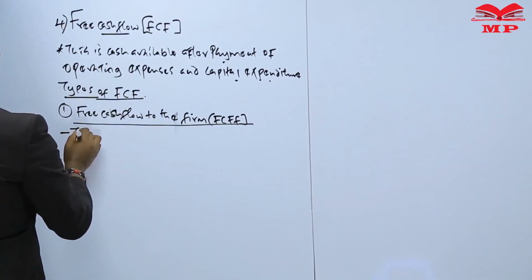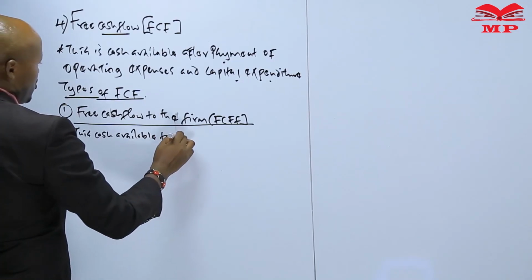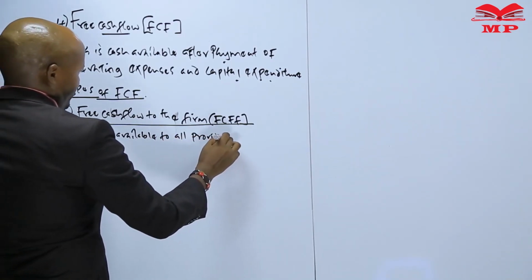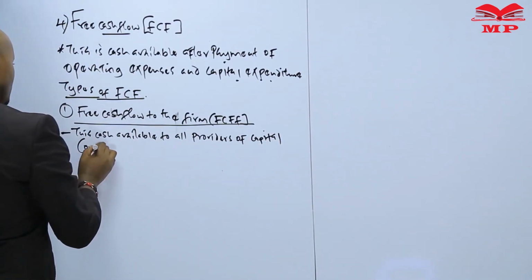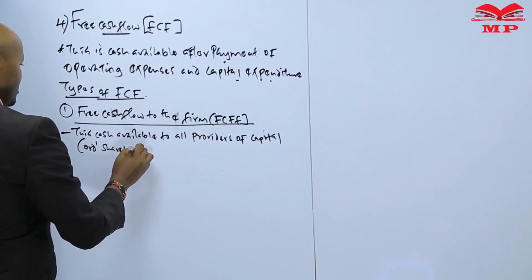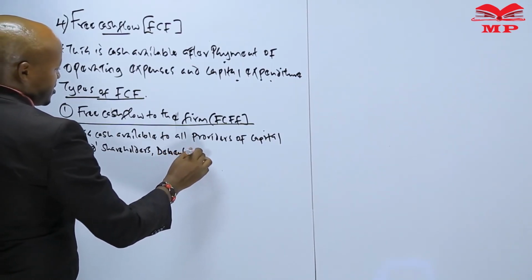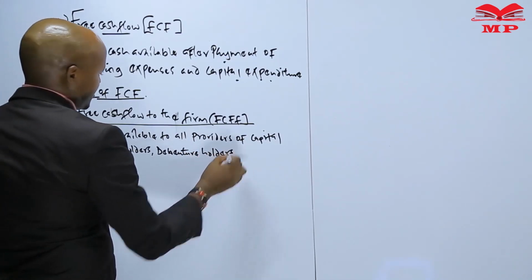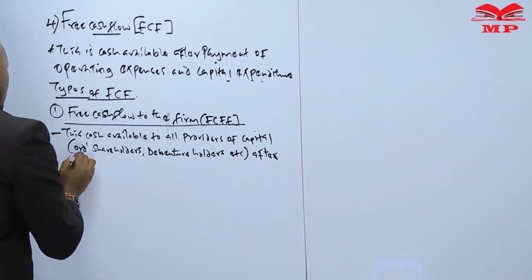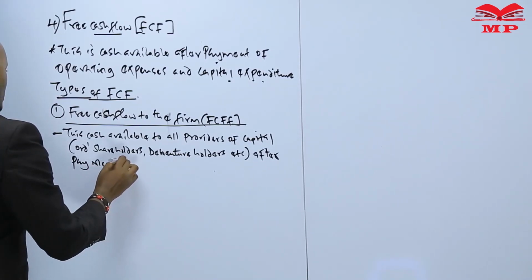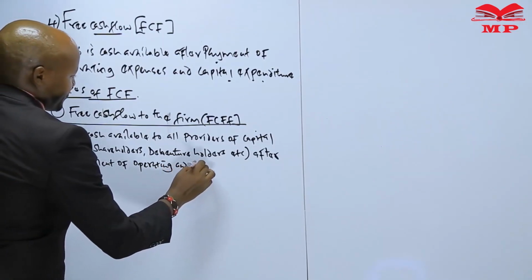So this is the cash available to all providers of capital, including the ordinary shareholders and debenture holders, etc., after payment of operating and capital expenditure.